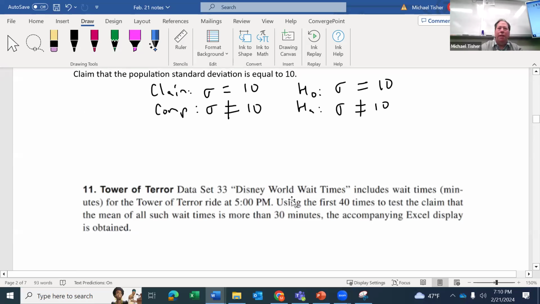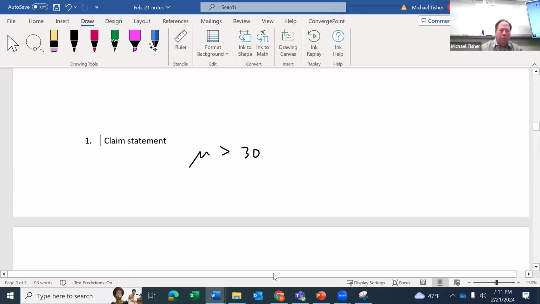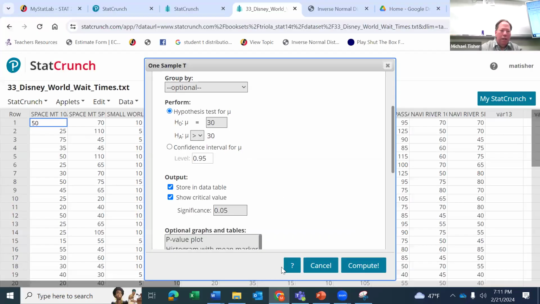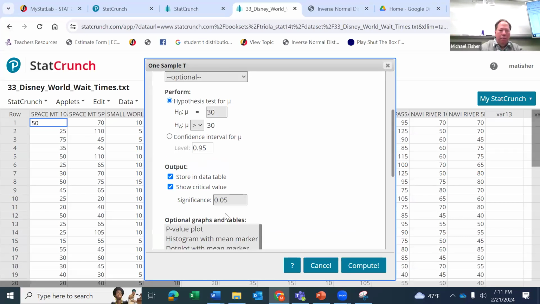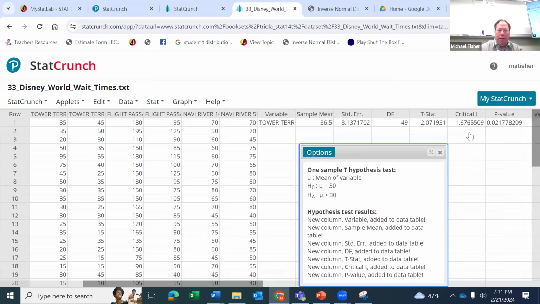If there's no significance level given, automatically assume it's 5% or 0.05. All right. Okay, so leave it as 0.05 there and then click compute. And it'll tell us a bunch of nice stuff, including the p-value, okay?